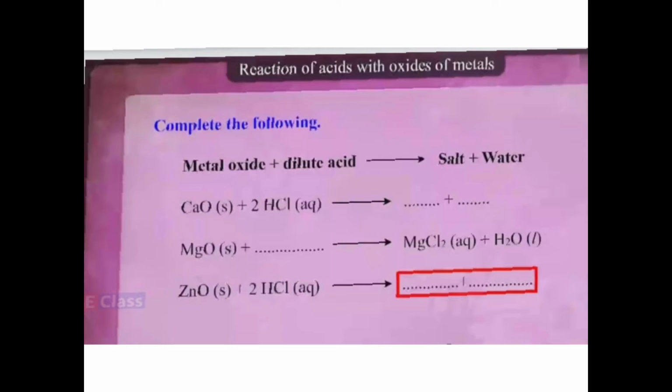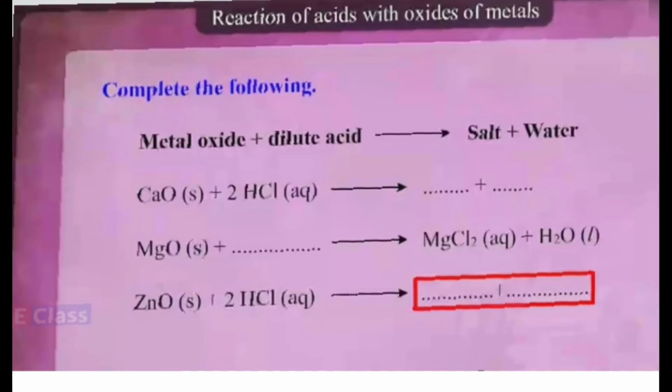Let us complete all the table here, children. The metal oxide we are going to take and we are going to see everything. Remember, children, here you have salt and water, right?